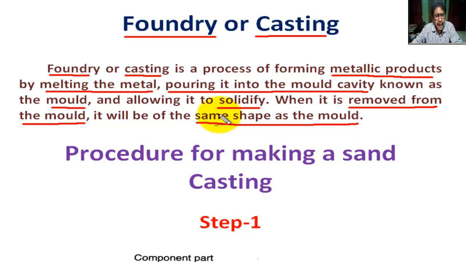First, we make a pattern. A pattern is a duplicate of the product, slightly bigger in size, to give different allowances such as contraction allowance, machining allowance, draft allowance, etc. Next, make an impression or cavity on wet sand.